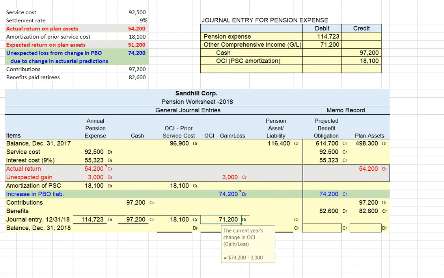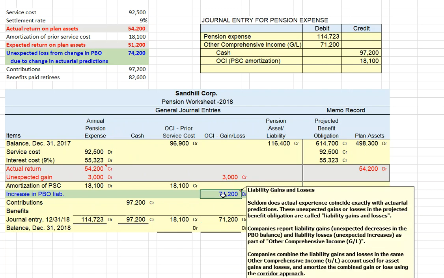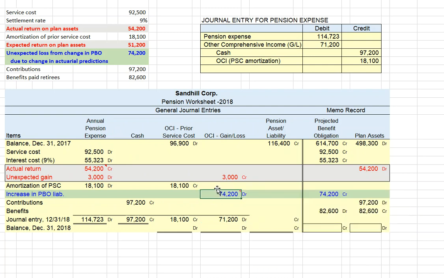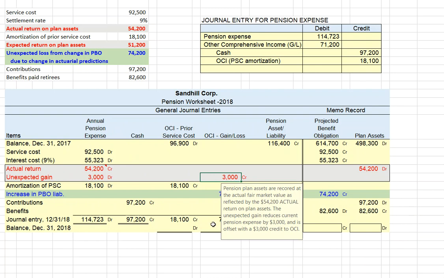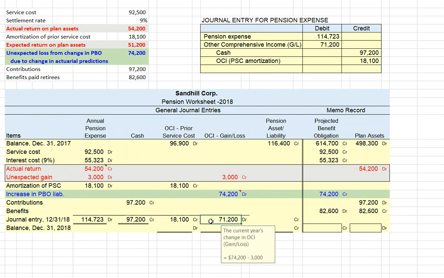Next, we pick up the change in current year's other comprehensive income related to the gains and losses on pension assets, as well as the gains and losses related to the change in our projected benefit obligation. We have the $74,000 credit and the $3,000 debit for a net change of $71,200, and we pick that up in our journal entry.